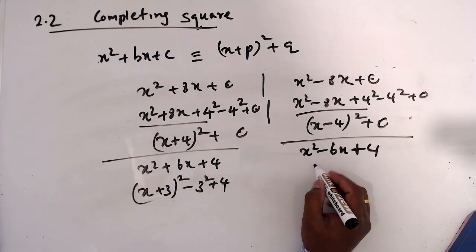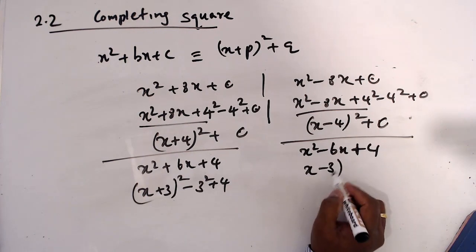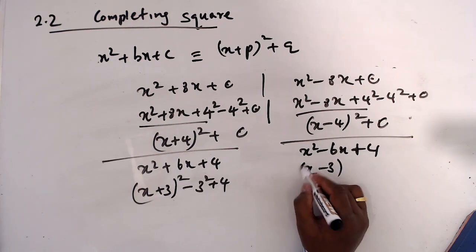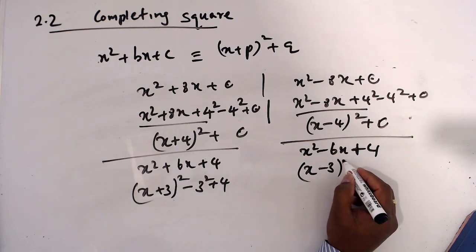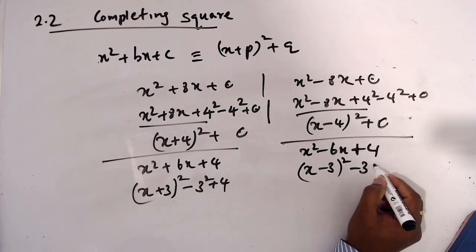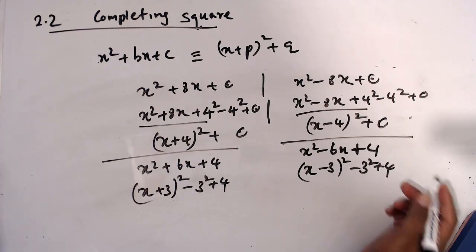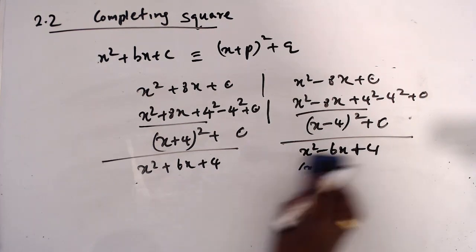Likewise here, I write x, half of 6 is minus 3, and square it. Then I have to take 3 square out. If you are not sure, you can do this.